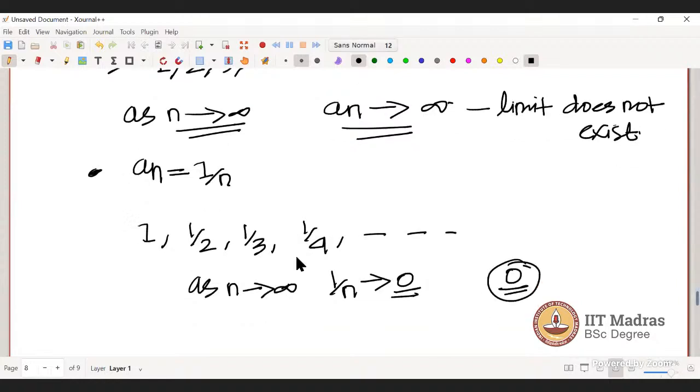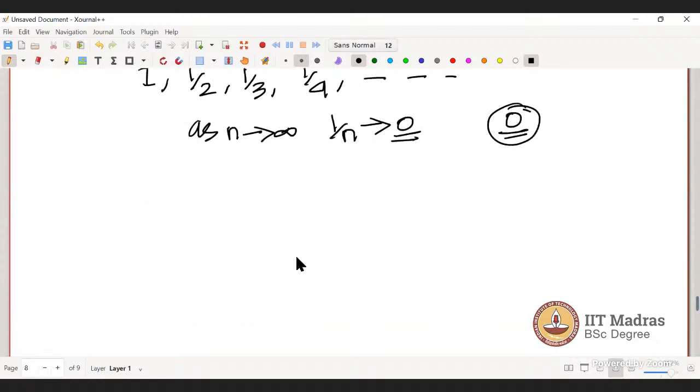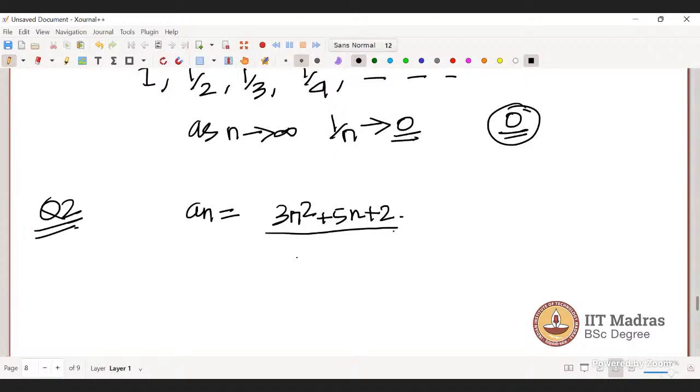Right, sir. So similarly, now can you solve question number 2? What is your an here? An is 3n square plus 5n plus 2, over 6n square. Right.